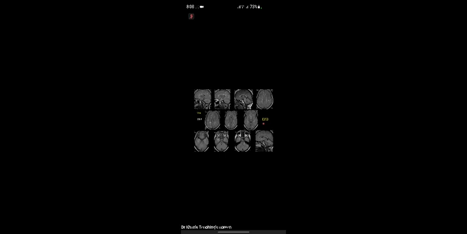They appear to be different sizes and different shapes. I can also see one in the right or bilaterally in the medulla oblongata on the image on the left. Having a look, there's also some subcortical white matter changes.